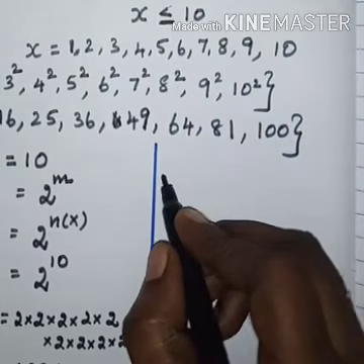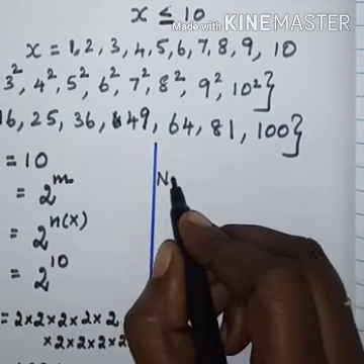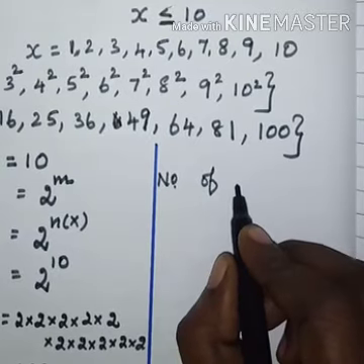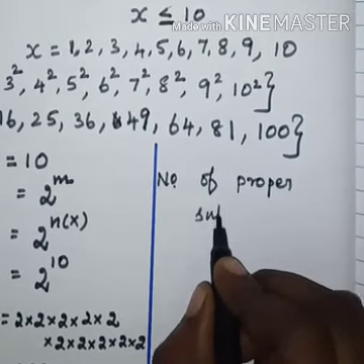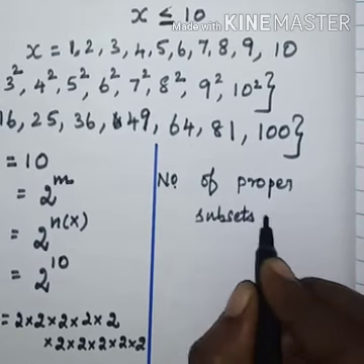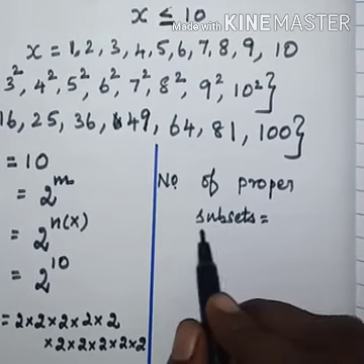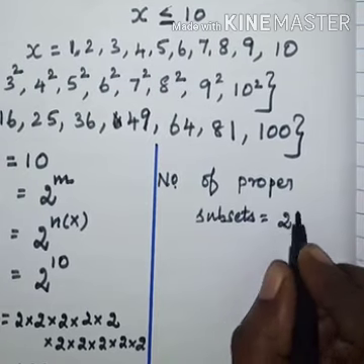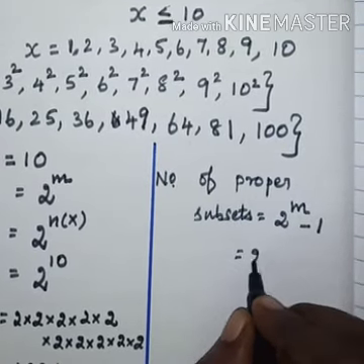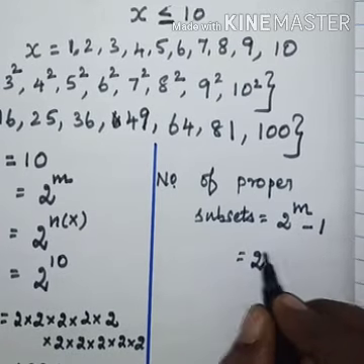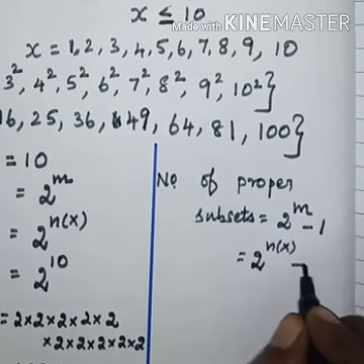Next, we have to find the number of proper subsets. The formula to find the number of proper subsets is 2 power m minus 1. So 2 power m is nothing but 2 power n of X minus 1.